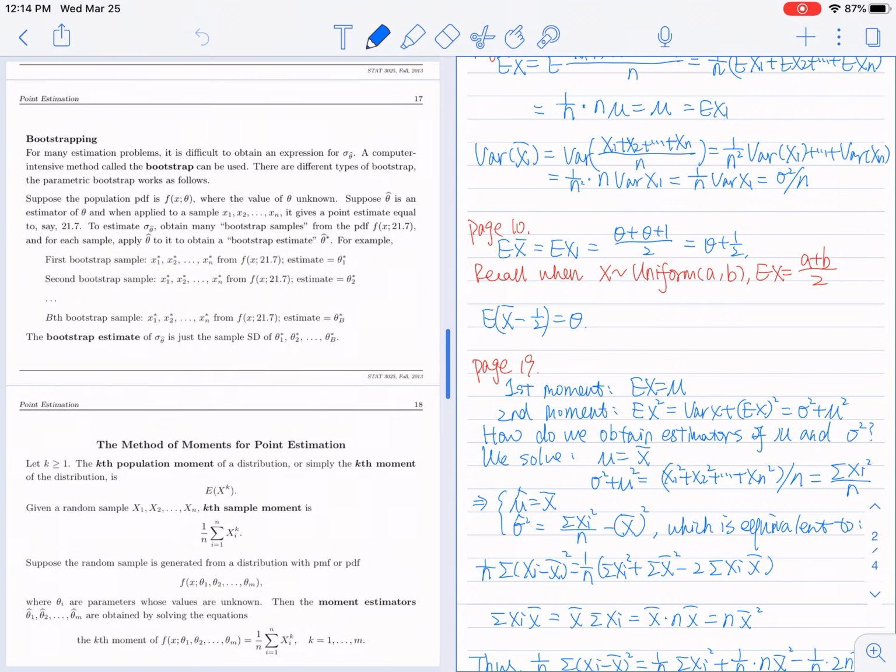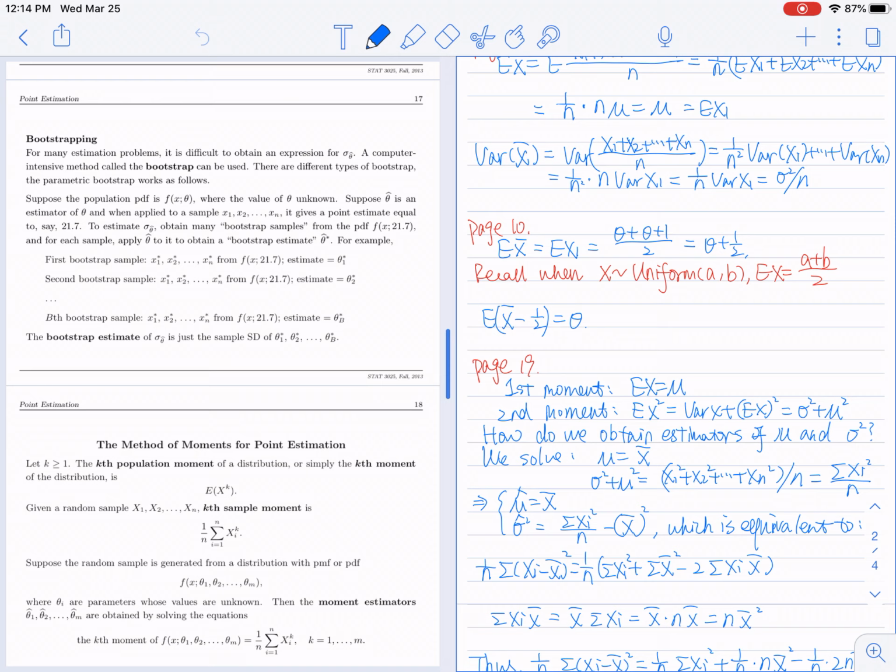Now let's go to another topic called bootstrapping. So whenever we have an estimator, we want to know how good this estimator is. Then we use the standard error to measure how good this estimator is. However, sometimes for very complicated distributions, it is not easy to get the standard error of the estimator.